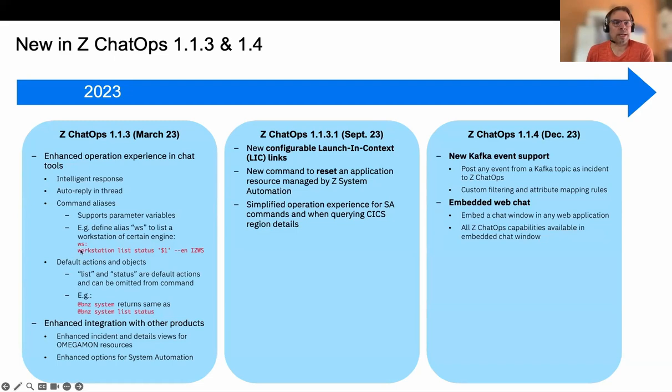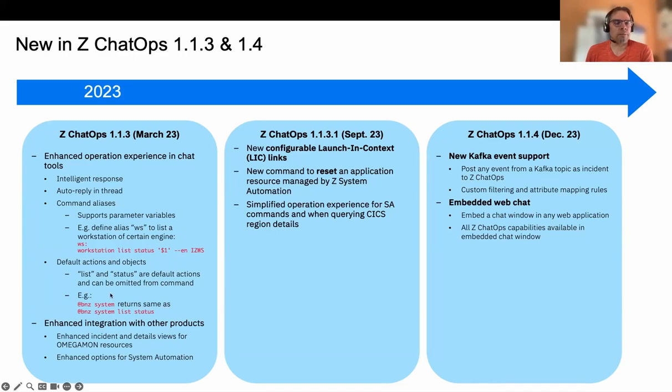You could define WS, and that corresponds to workstation list status, and you can use fill-ins like $1 on a certain engine named ICWS. And then you can, from then on, just use that alias and, for example, say WS workstation name, and that will be filled into that command.